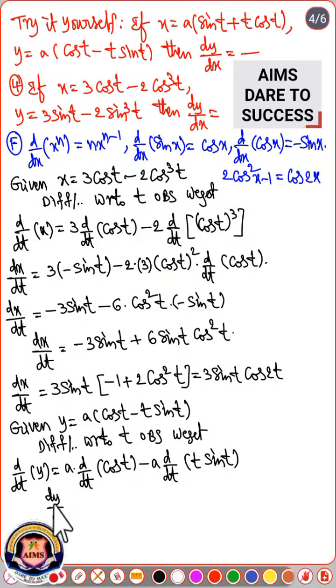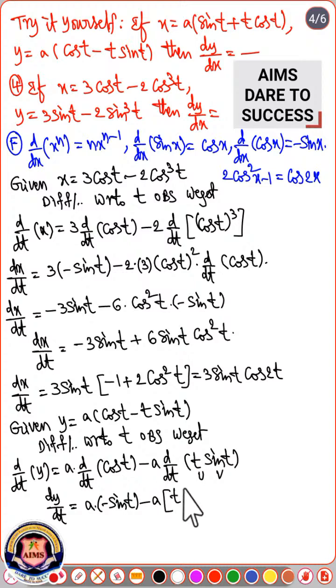So dy by dt is equal to a into d by dt of cos t, which is minus sin t, minus a into start bracket. These look like a product of u and v.